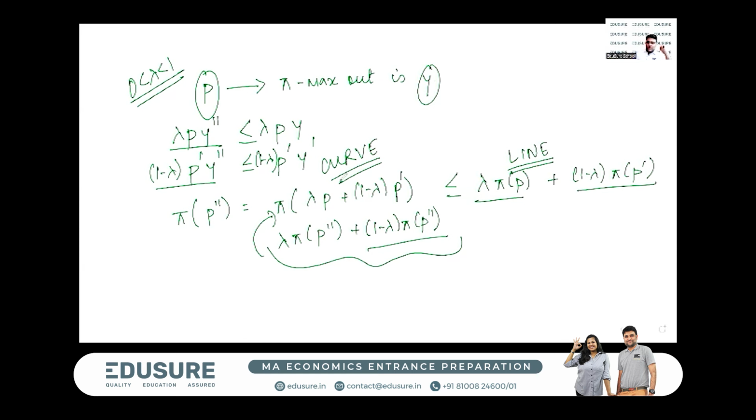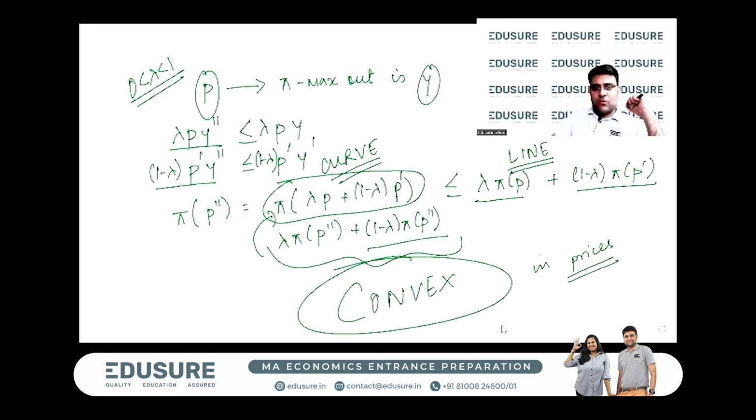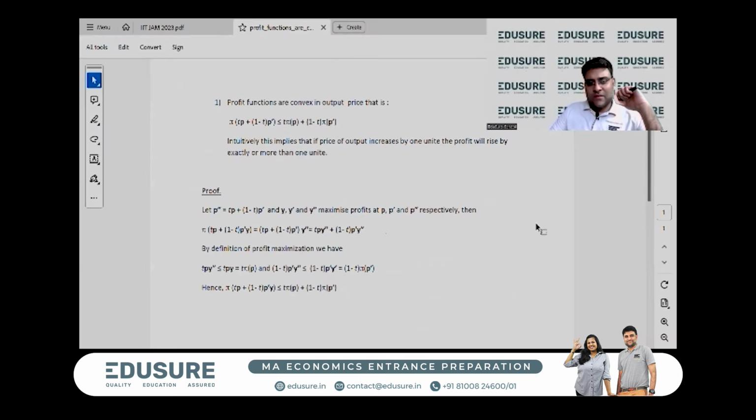These two basically constitute this profit function. So we can loud and clear say that the profit function is convex in prices. I have also put it up as a proof here. It's exactly the same thing that I've done. I've only explained it there.